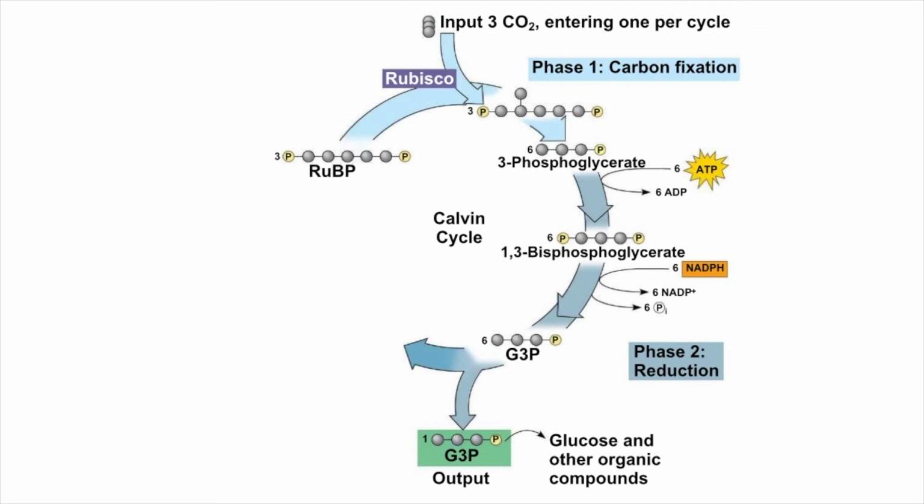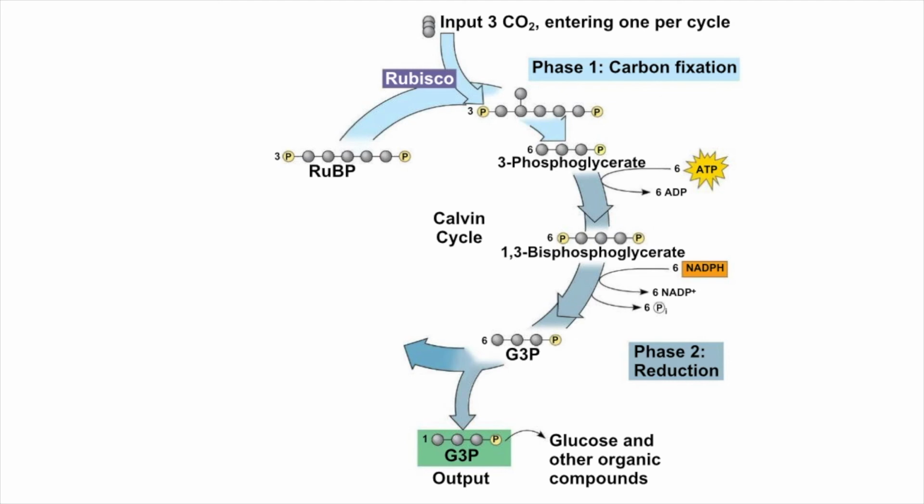Now, this is a step where the sugar is actually made, because for every round of the Calvin cycle where 6 G3Ps are made, one of these G3Ps is going to exit the Calvin cycle, and then it's going to be used to make glucose or other sugars. So what will happen is the Calvin cycle will have to go through 2 rounds.